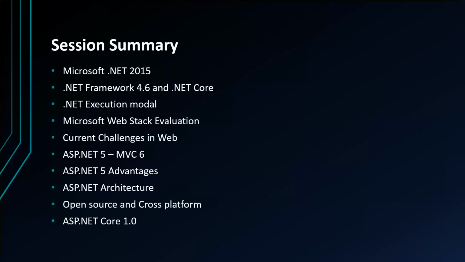We covered the current challenges in the web world and how they are resolved in ASP.NET 5, the ASP.NET 5 architecture and its benefits, and how ASP.NET 5 and MVC 6 fit in the world of open source and cross-platform. Finally, we saw ASP.NET Core 1.0 and the reason they renamed MVC 6 and ASP.NET 5 to ASP.NET Core 1.0.